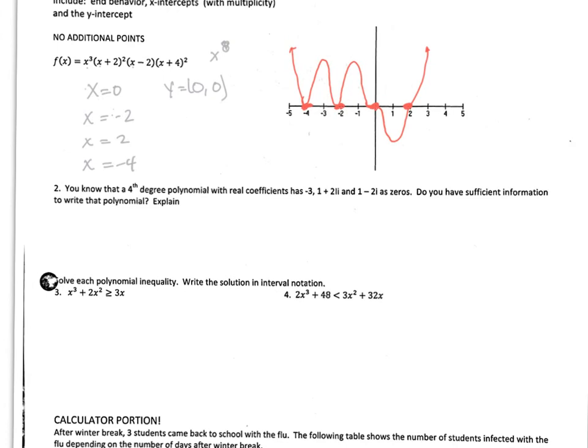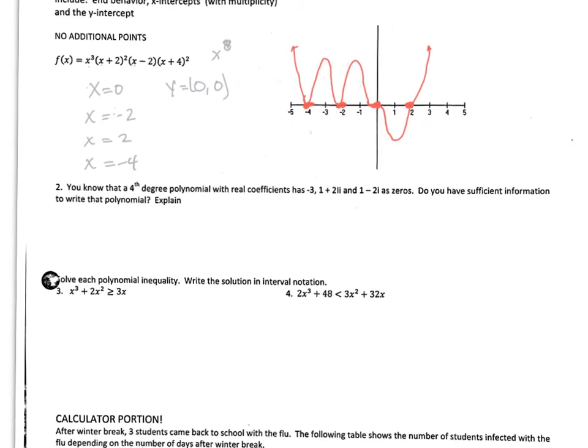There's several questions like this that ask you about just the theory of the roots and explaining different parts of roots. So if we have a 4th degree polynomial and we have -3, 1 plus 2i and 1 minus 2i. We already know these are the roots. We're clearly missing one.